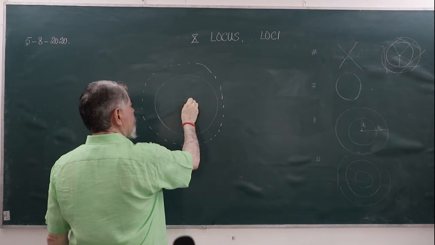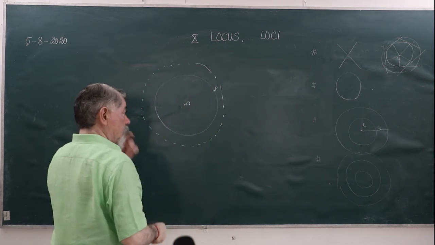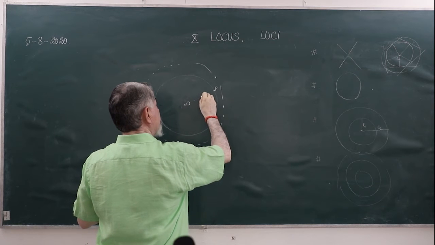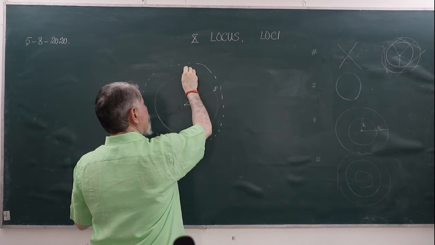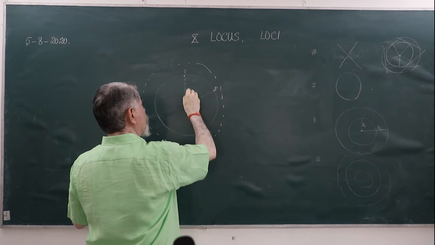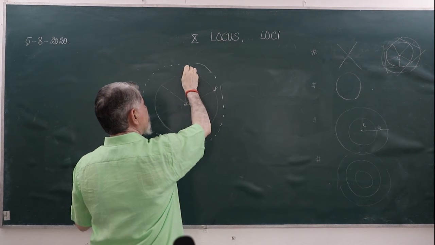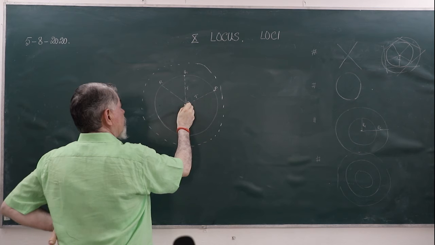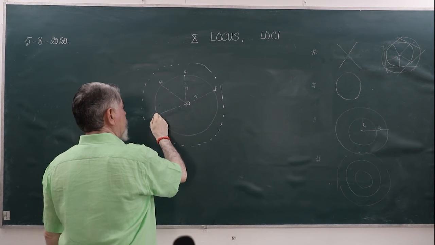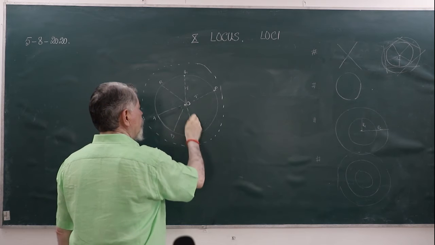With O as center, any point P is here. The distance between O and P is whatever, suppose R. If I move P here, again I'll find PO is the same R. If I take another point here, let me take a point Q, let me take R, then OA, OB, OC, OD.